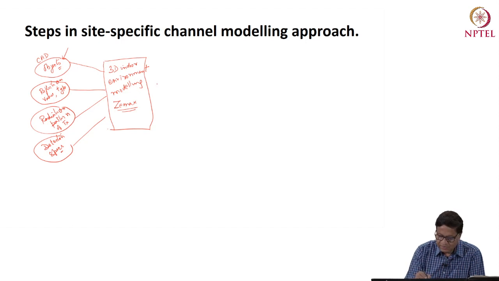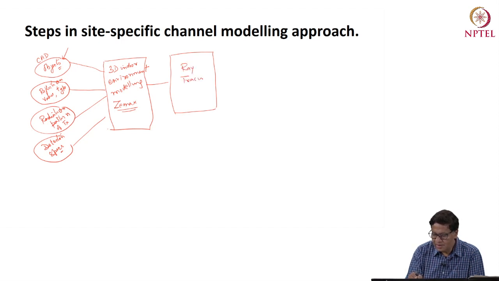And once you have done this, then you can use ray tracing. And this ray tracing can be sequential, can be non-sequential, or some random tracing using Monte Carlo, random ray tracing.